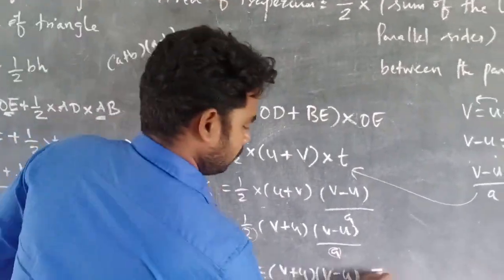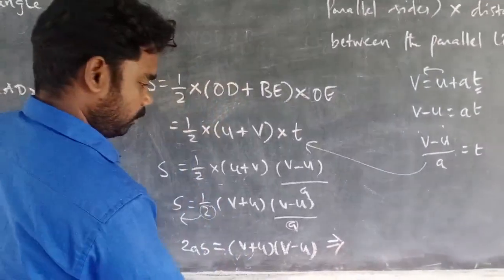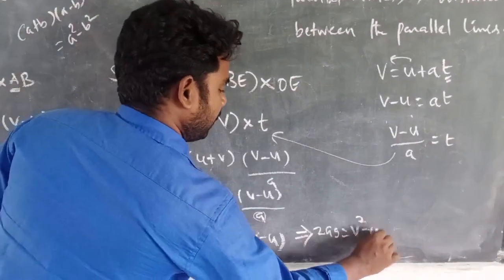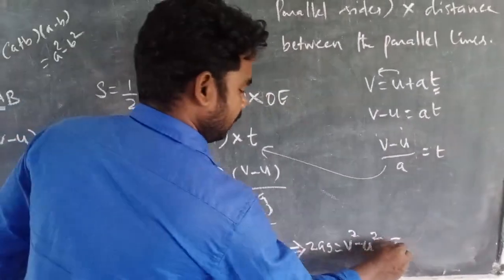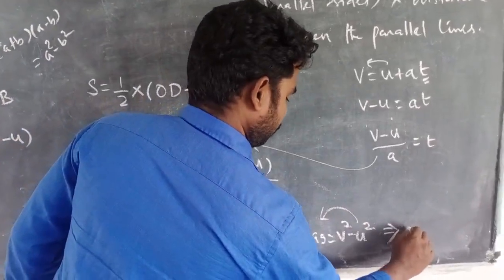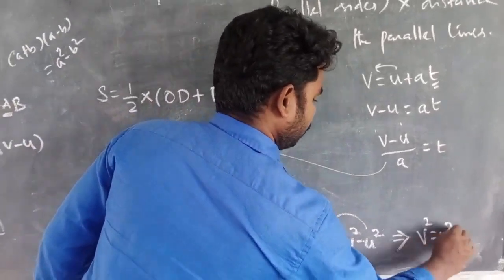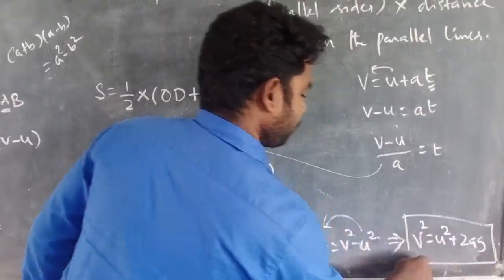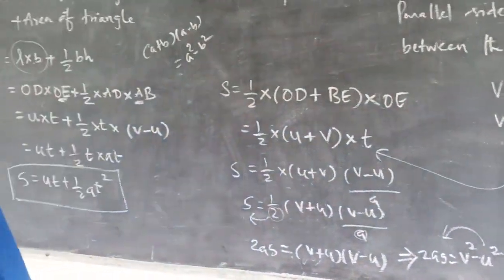Like that, we can have 2AS is equal to V square minus U square. Then finally, take the value of U square to this side. Then V square is equal to U square plus 2AS. This is the third equation of motion.